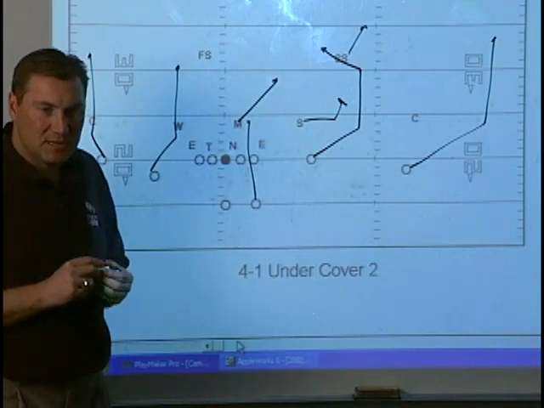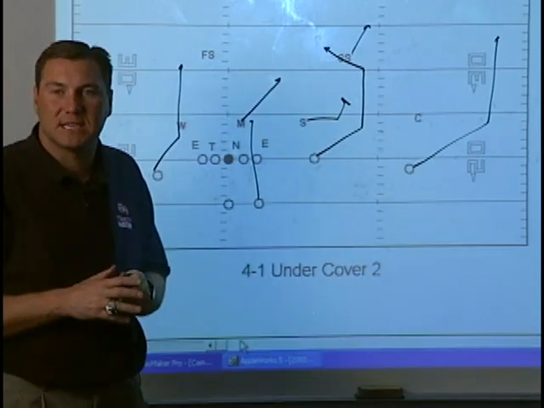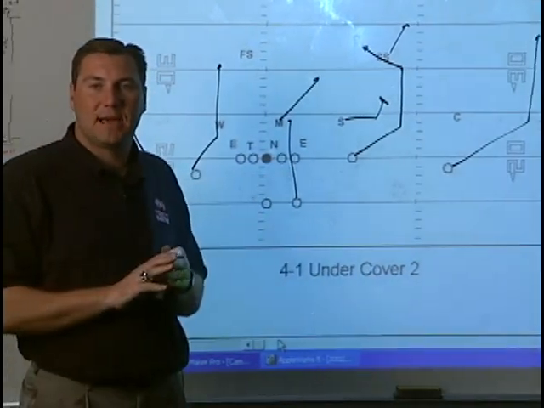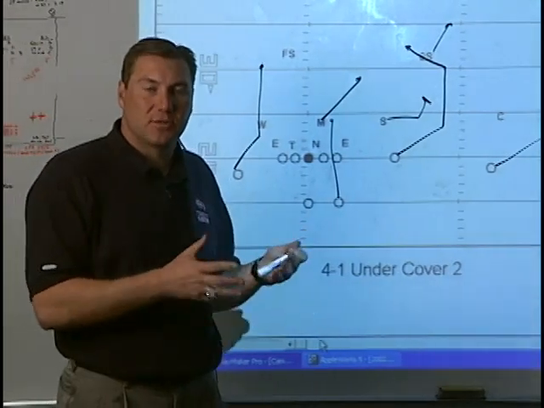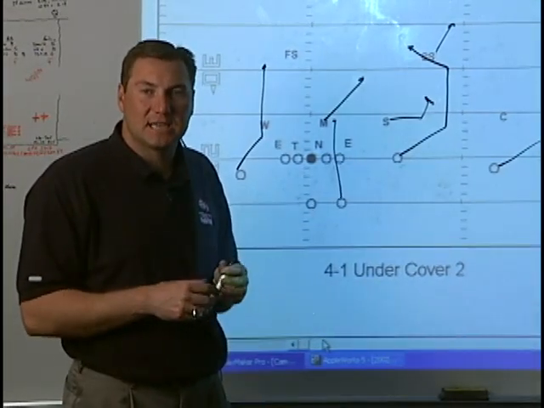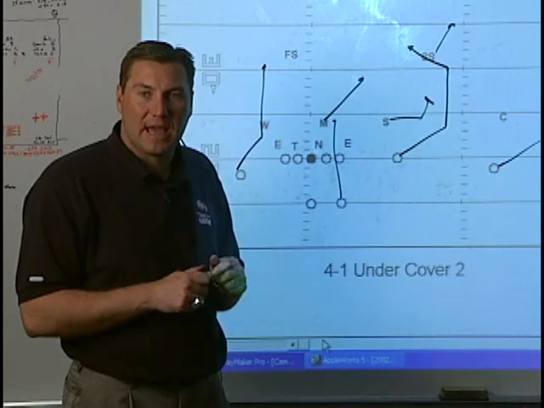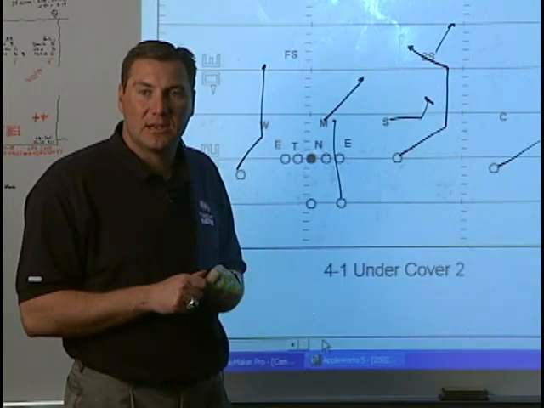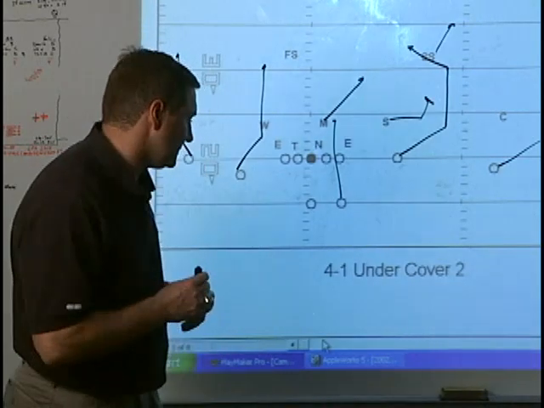You'll find as you become more successful with a vertical passing attack, the more teams drop to get depth to defend you, that it's easier to throw the ball to the tailback in check down situations and allow a great athlete underneath to gain yardage with the ball in his hand.